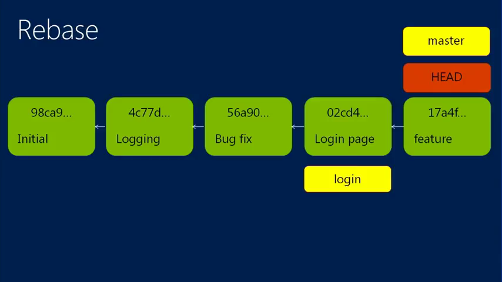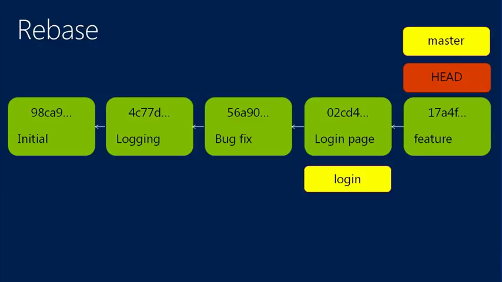We can then grab all the commits that have been applied to the master branch since we branched and replay them on top of the login branch. And the benefit there is that we've lost our merge commit. And some people will tell you that that makes it cleaner and that it's easier to read the history.